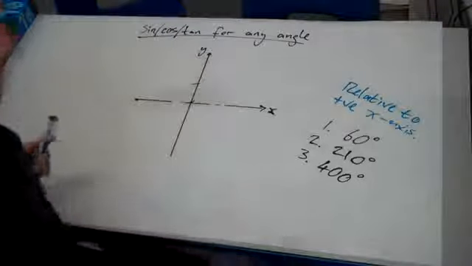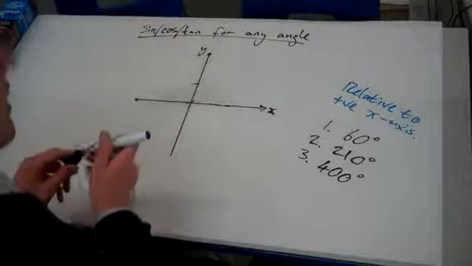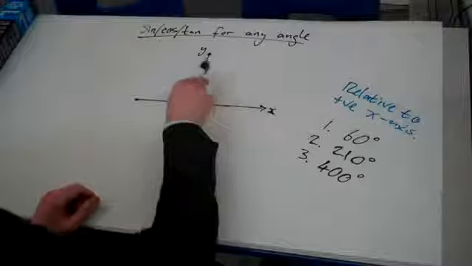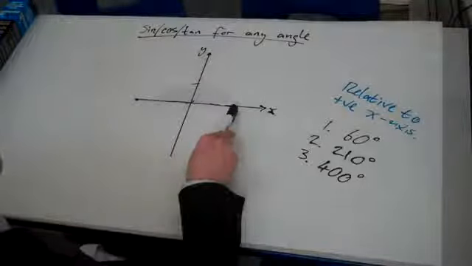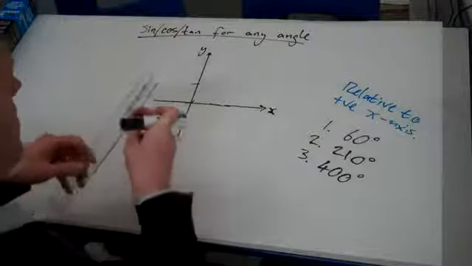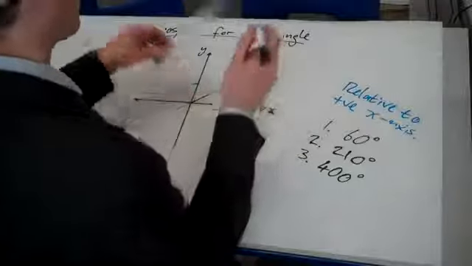Okay, there we go. Let's repair the axes. So 400 degrees. Starting at x, 90, 180, 270, 360, and then another 40 degrees to get us to 400. So we could represent 400 degrees on here.